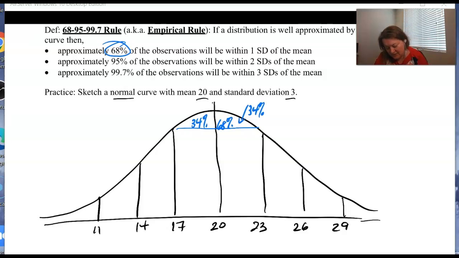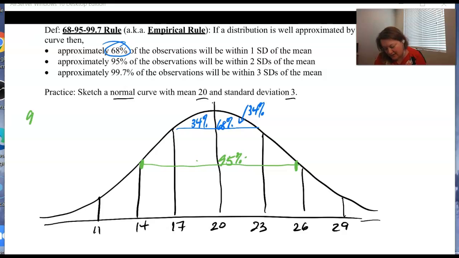All right, so the next one would be between the next 2 standard deviations. So this is between 2 standard deviations to the left and 2 standard deviations to the right. This total amount, from here to here, would be 95%. Okay, so 95%. So if this is still 34 and this is still 34, how much is these 2 parts over here?